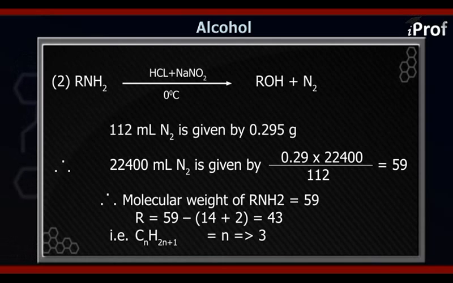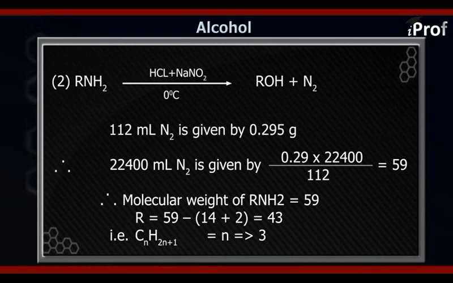So what we have got is 12n plus 2n, that is 14n+1, equals 43, which is the molecular mass of the alkyl group.